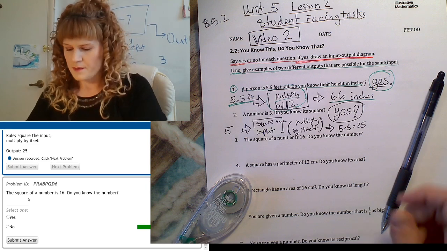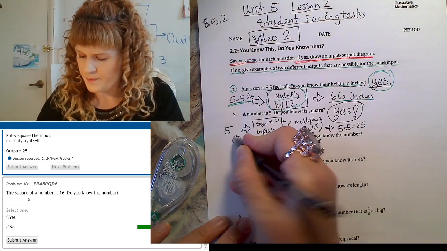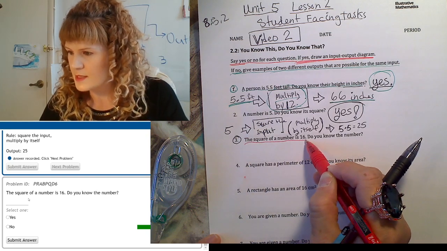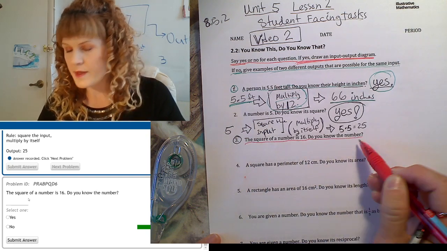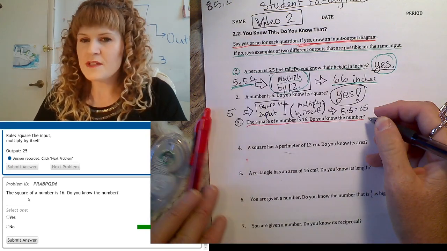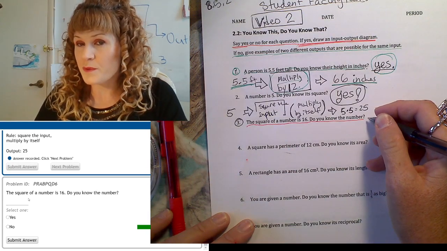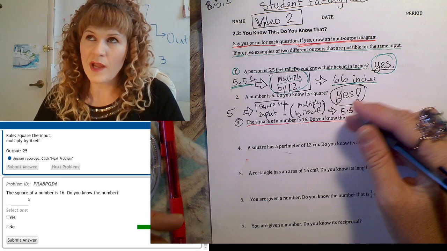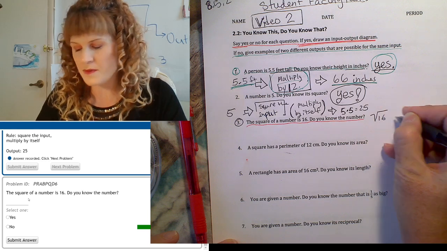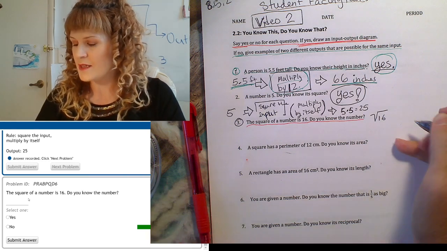Okay, next. Number 3 on your paper. The square of a number is 16. Do you know the number? It feels like the square root is the answer. If the square is 16, then the number must be the square root of 16, right?